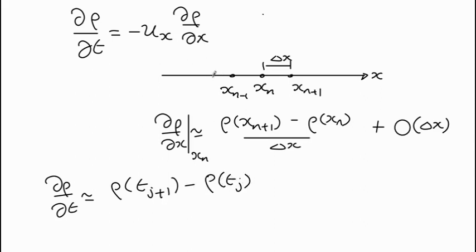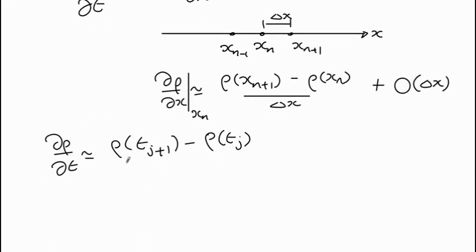So it's the same principle, we're dividing up time into points. So tj is the jth time index. And then here we have a delta t instead of a delta x. It's the same equation, so we'll have the same kind of error, so order delta t. We have an error term which is proportional to delta t and delta t squared and so on.